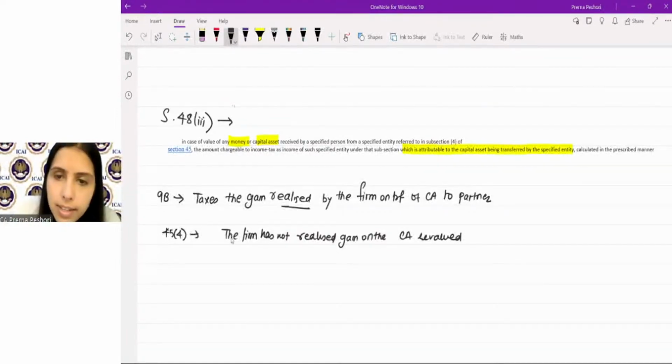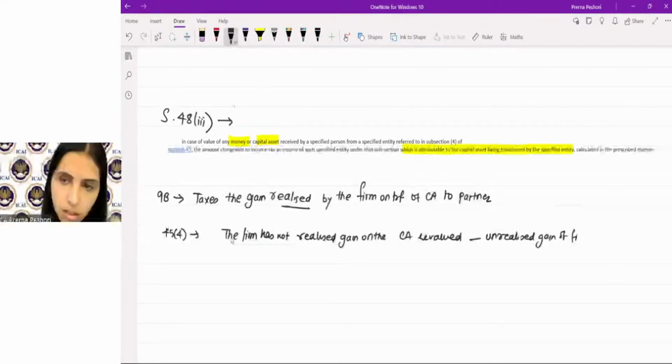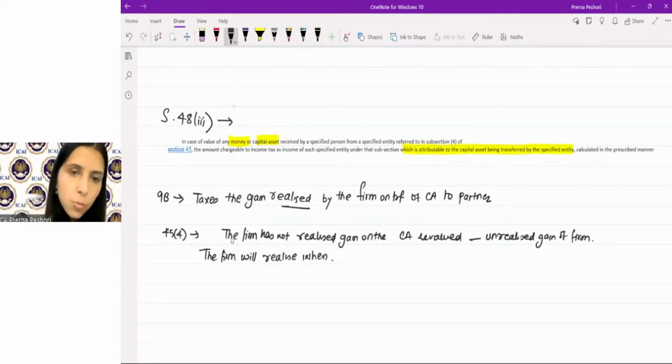This is the unrealized gain. The firm will realize it when it will transfer the capital asset.